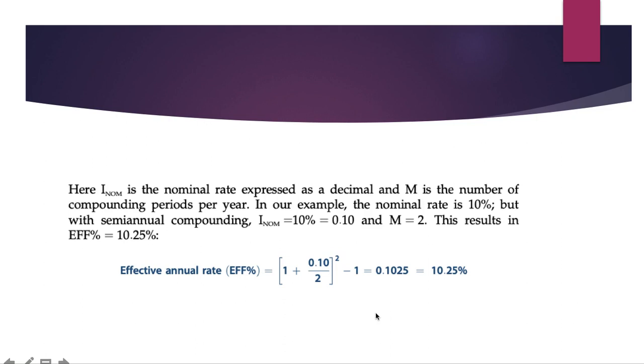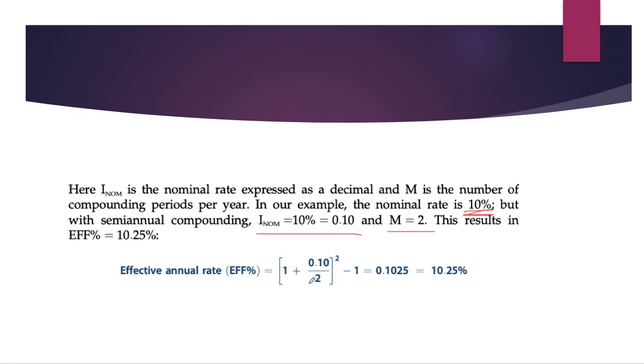So here I nom is the nominal interest rate expressed as a decimal, and m is the number of compounding periods per year. For example, let's say the nominal interest rate is 10%, but with semi-annual compounding. So we have the nominal rate as 0.10 and m equals 2.